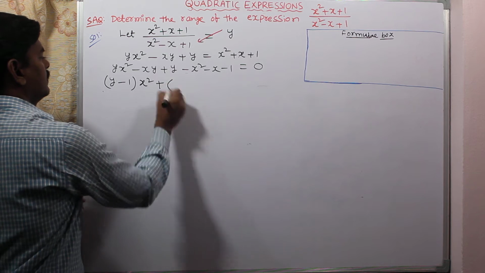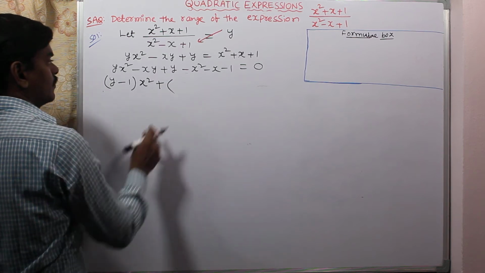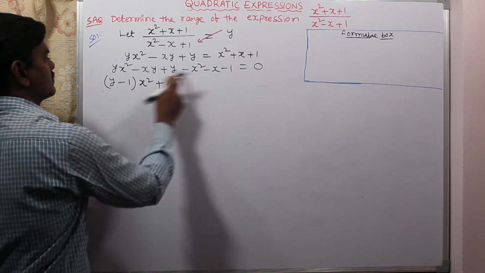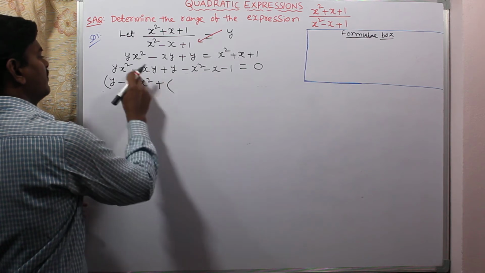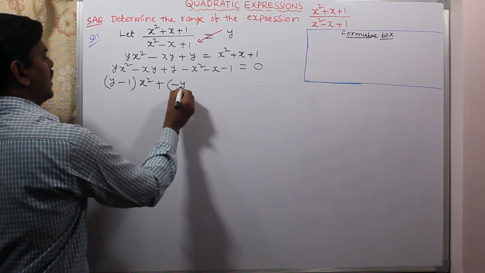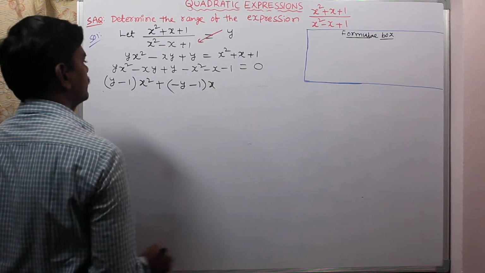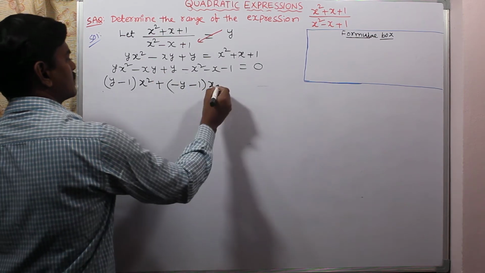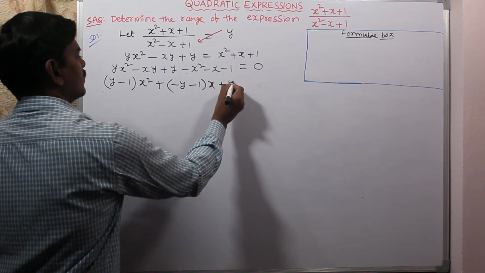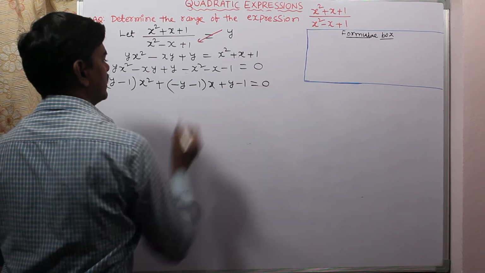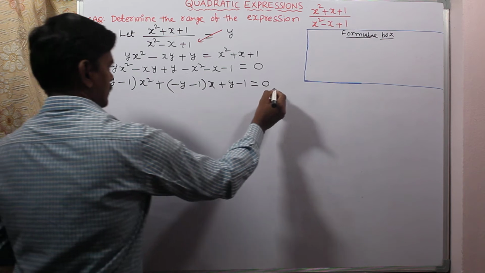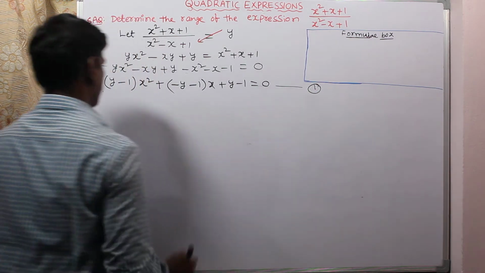Next take x common from the two x terms: we are left with minus y, minus y, minus 1, into x. Next the constants: plus y minus 1, equals 0. Let it be equation number 1.